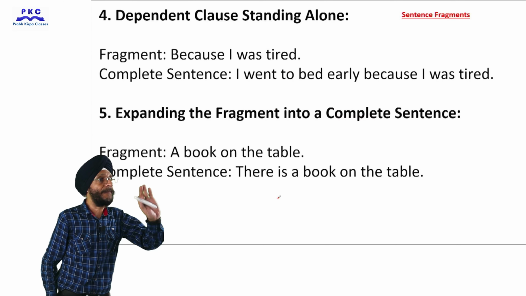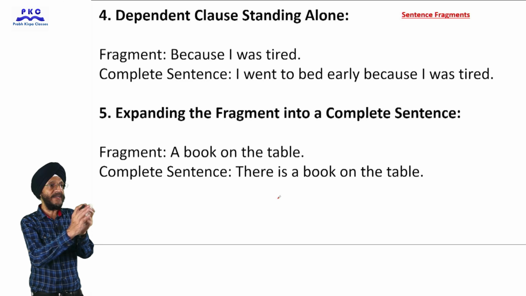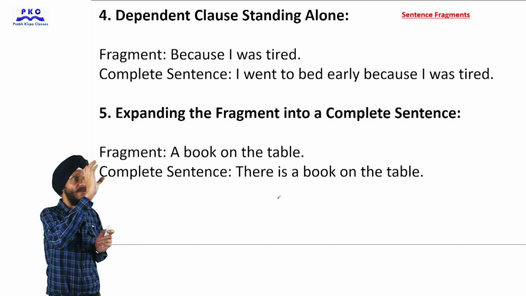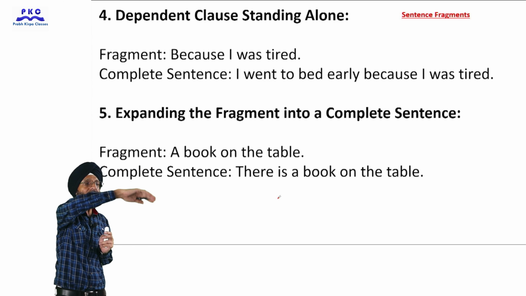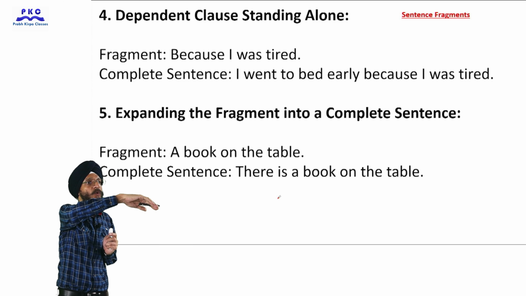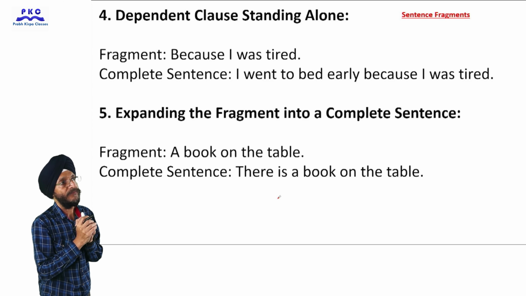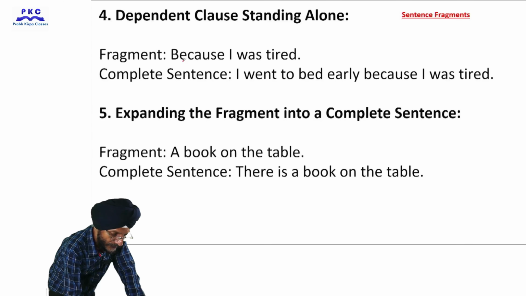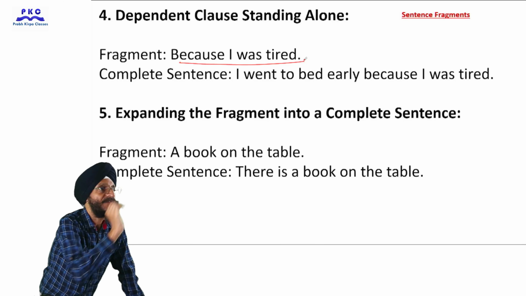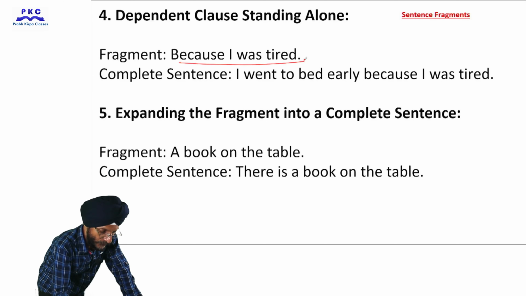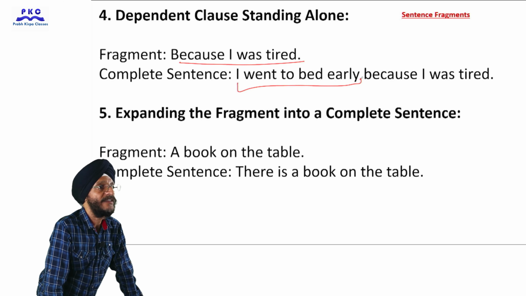Next is dependent clause standing alone. A dependent clause is the clause which depends on the independent clause to completely convey the meaning. "Because I was tired" is a sentence fragment. To complete it, we have to write the independent clause: "I went to bed early." This is an independent clause.